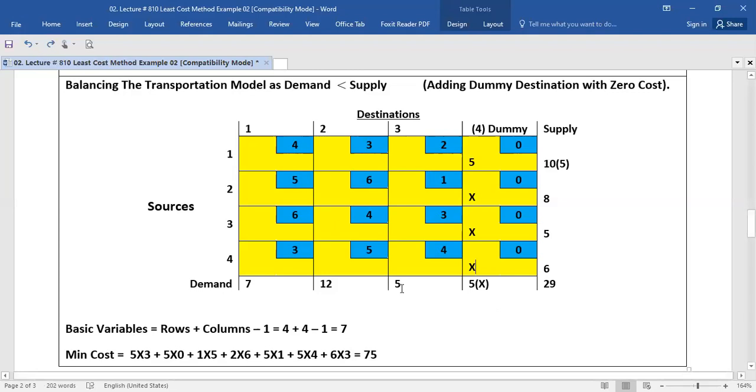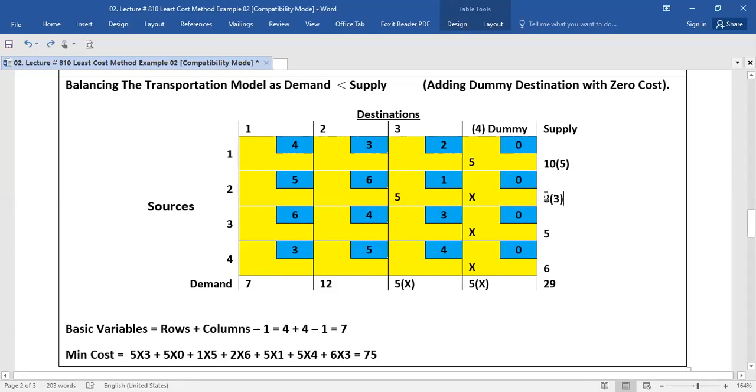Here demand is 5 and 8 is the supply. So 5 is the minimum value, it is replaced here. Now we will put cross in front of 5 and put 3 in front of 8. Our demand, 5 demand is completed and 3 is remaining from 8.